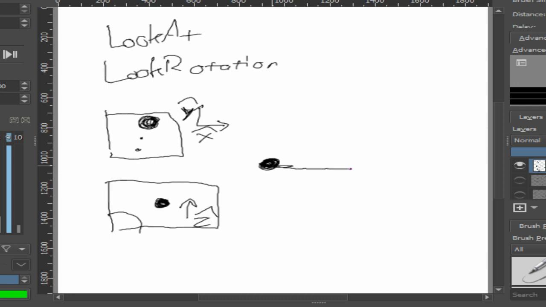So we have star, we have planet, and then we have camera. So we have, let's say, this distance, which is the distance between star and planet. We have this distance, which is tricky.